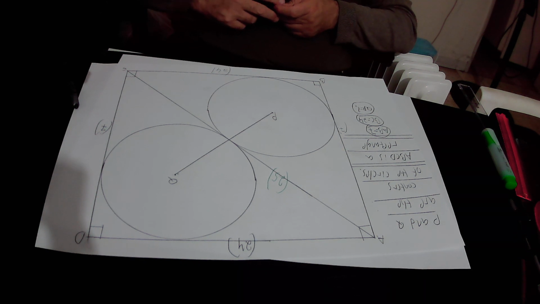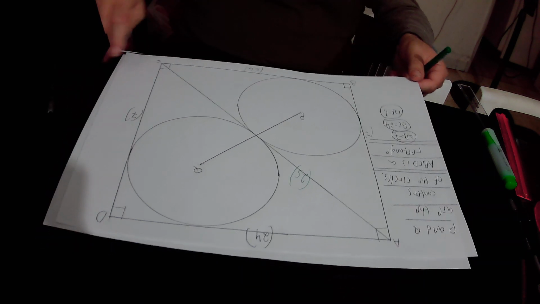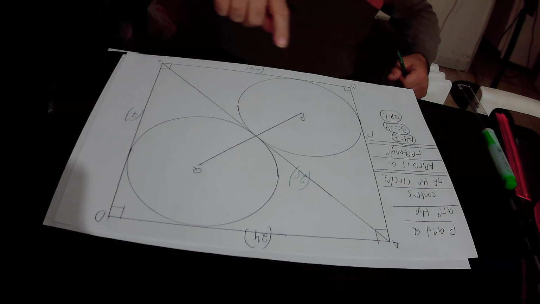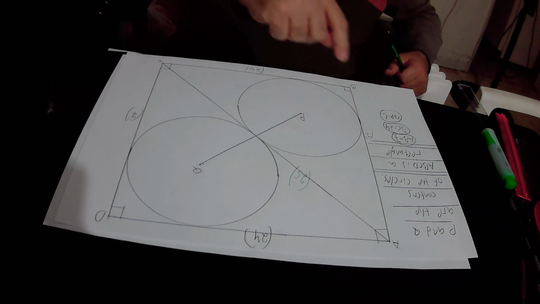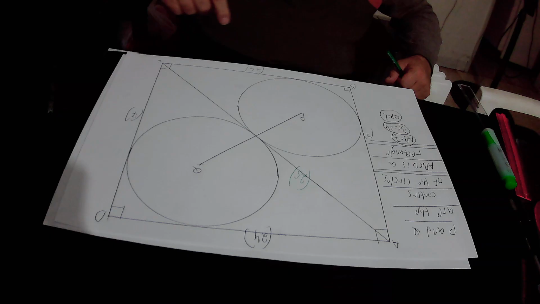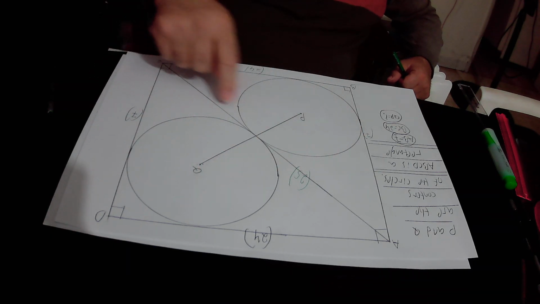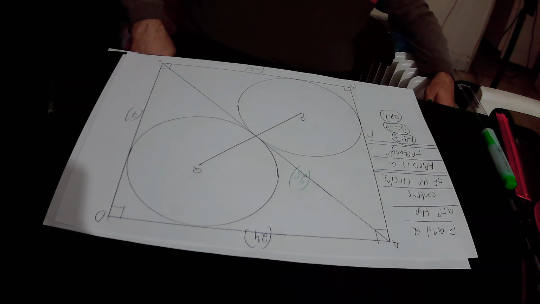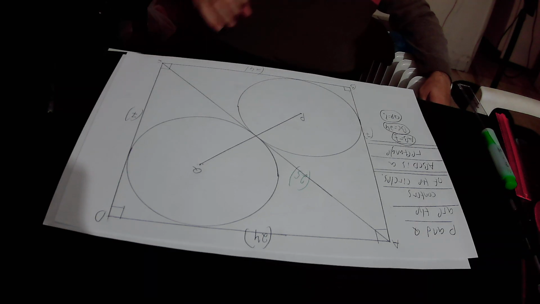So here, the right triangle ABC blocks this circle, and the right triangle ADC blocks this circle. So those two circles, each of them is blocked by a right triangle.